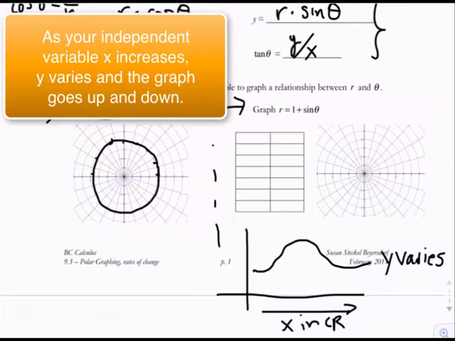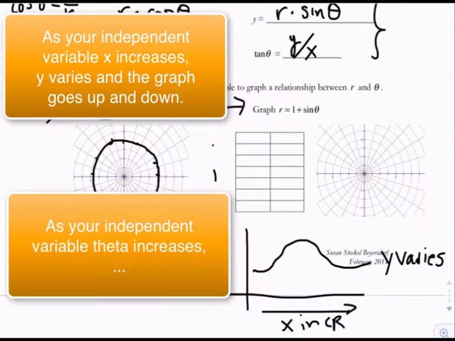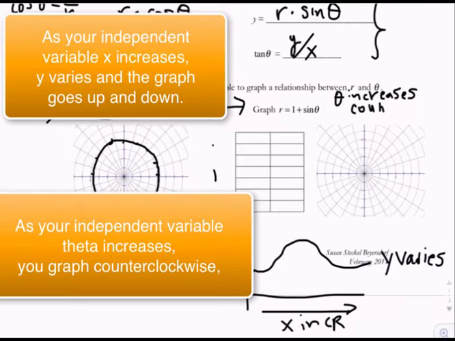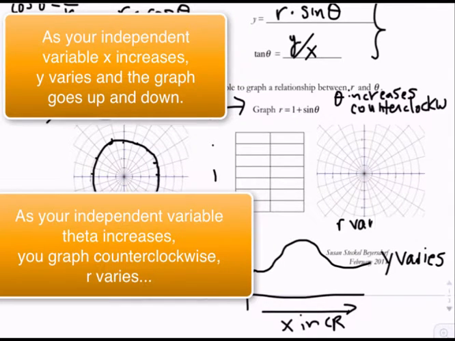With polar graphs, you're going to let theta increase, which means that you are going counterclockwise. And as you go counterclockwise, r varies. If r doesn't vary, you just get a circle.